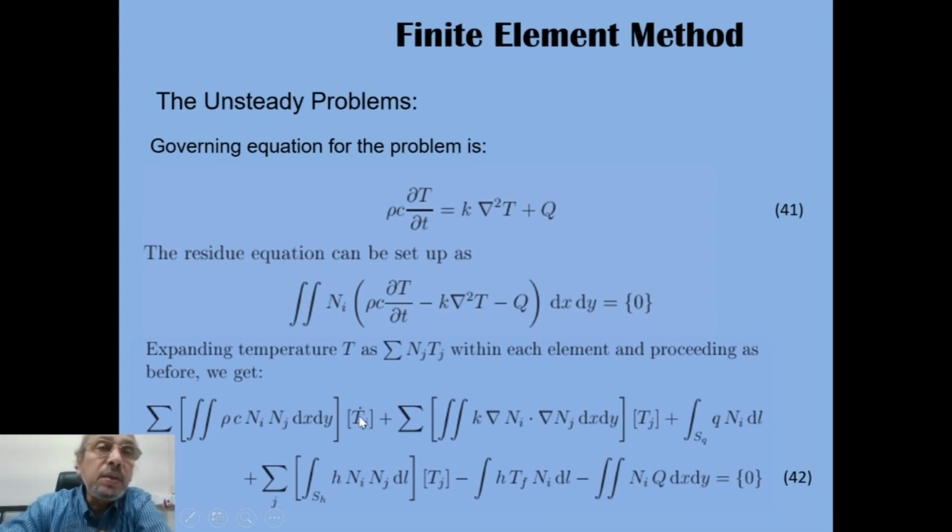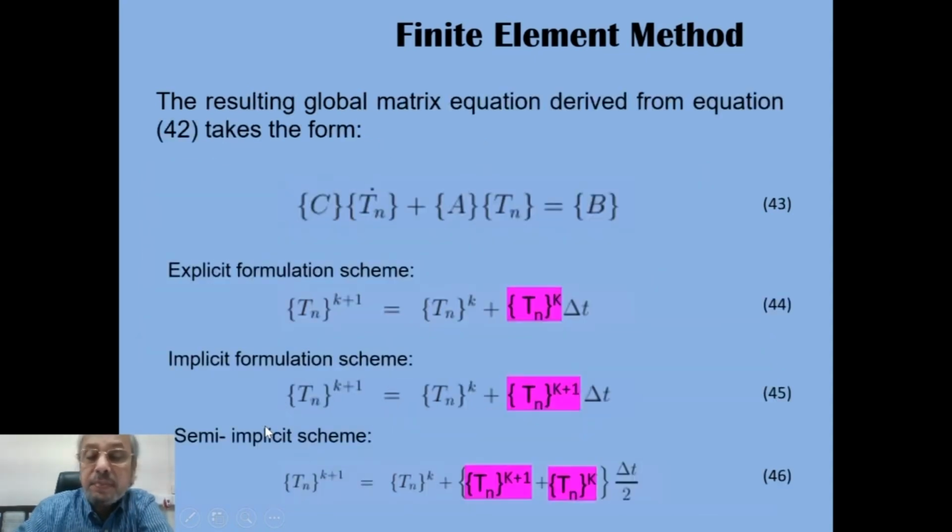So del T1 del time, del T2 del time, del T3 del time, and rho c has been integrated over the domain using the mass lumping concept.